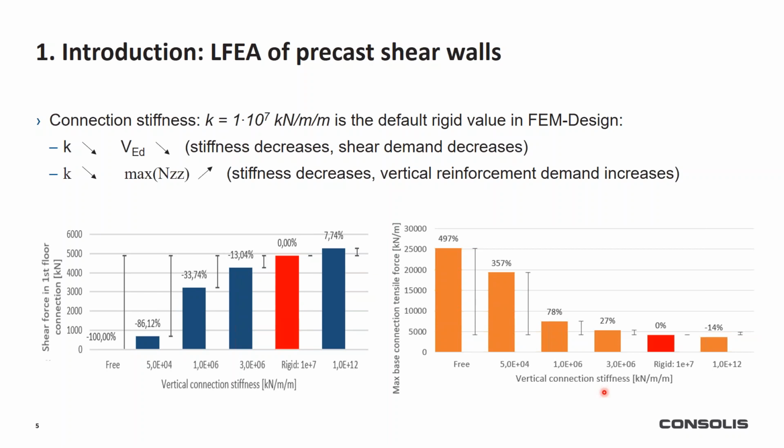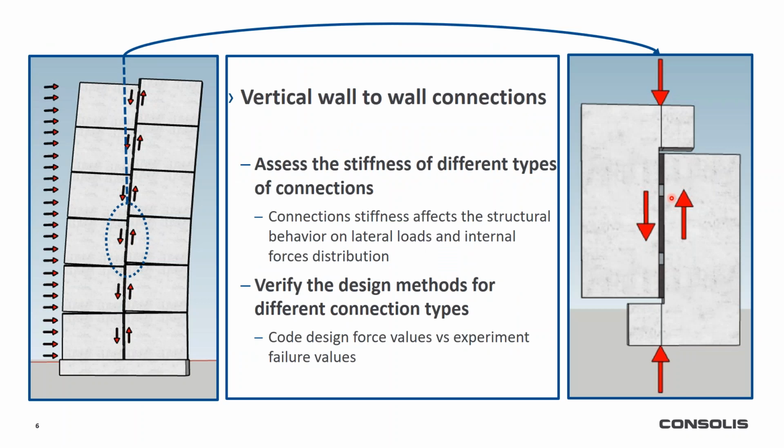We will have more tensile forces, so we will need more reinforcement. So the goal of the thesis was set to assess the stiffness of different types of connections and to verify the design methods for some types of connections. That is, to compare the design force values with experimental force values.